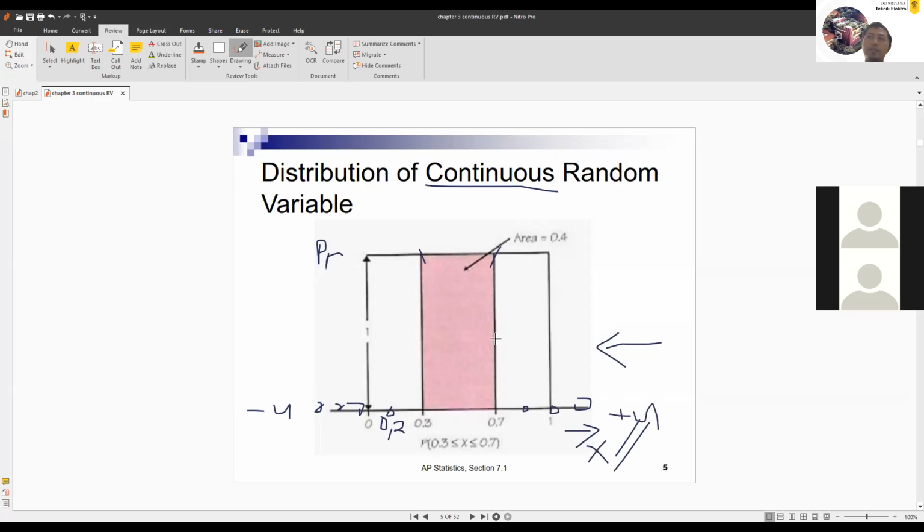The probability only exists in this range between 0.3 and 0.7. And this area should be 1. The size of the area should be 1. So you can guess, what is the value here?